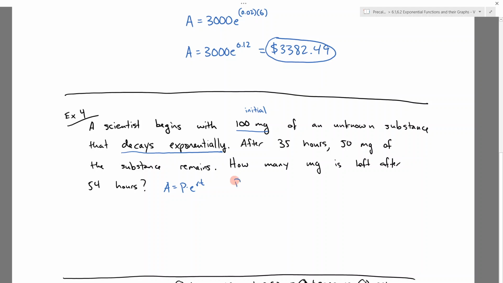So that's P. After 35 hours, 50 milligrams remains. How many milligrams is left after 54 hours? Okay, so it doesn't tell you the rate, and there's two different times. So r is unknown.